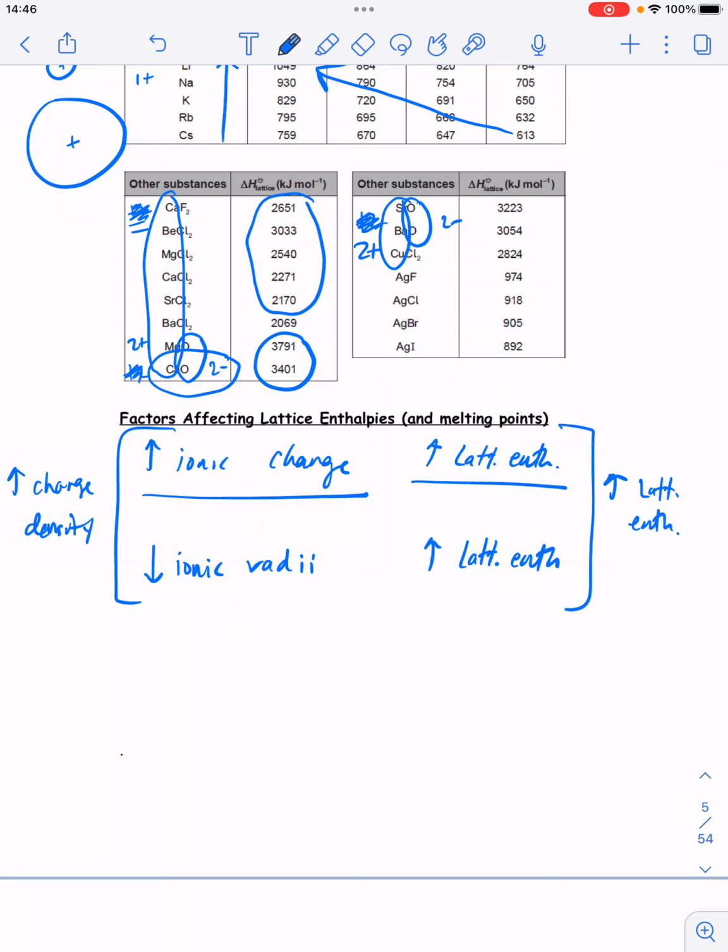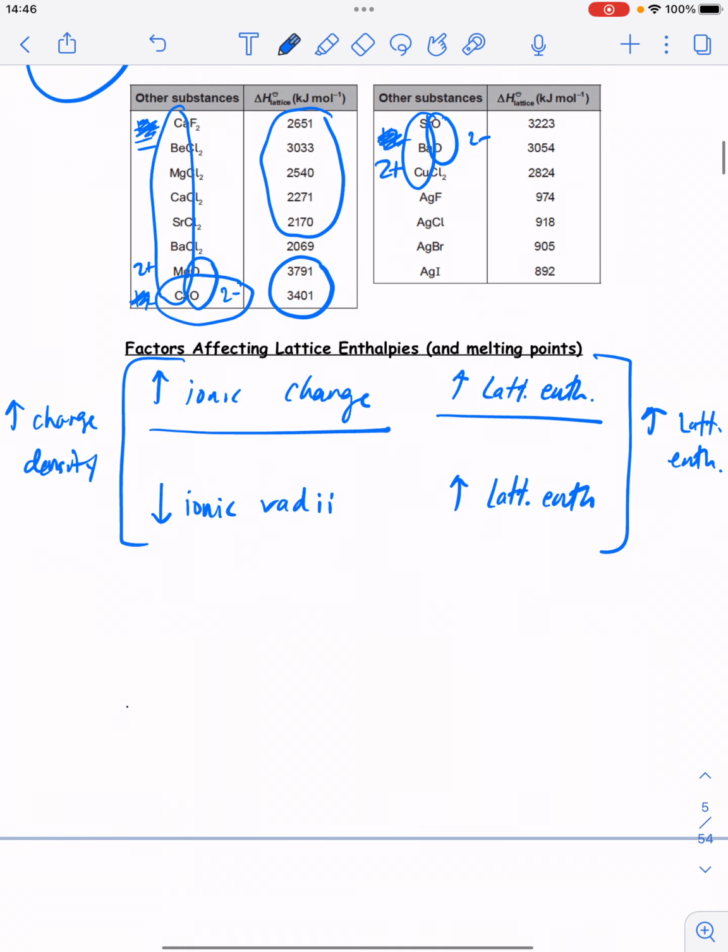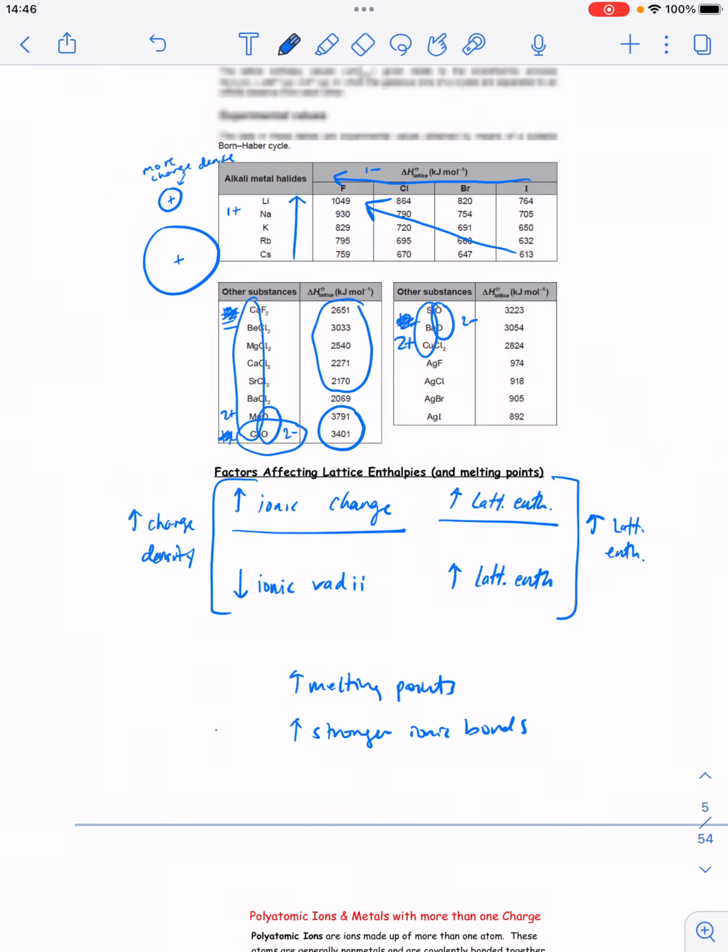And so higher lattice enthalpies imply stronger ionic bonds and higher melting points for these compounds as well. So greater charge density, greater lattice enthalpy, greater melting point, stronger ionic bonds. Okay, so all summarized in one table.